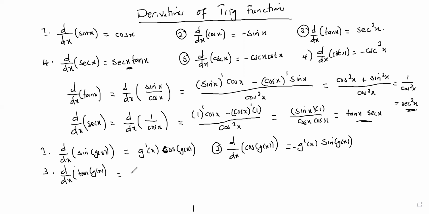That should be g prime of x multiplied by sec squared of gx, like that.